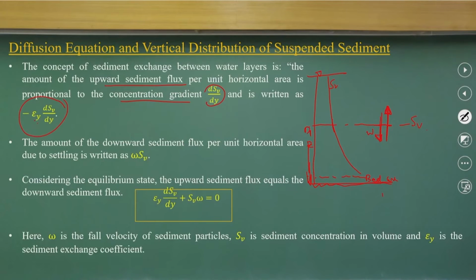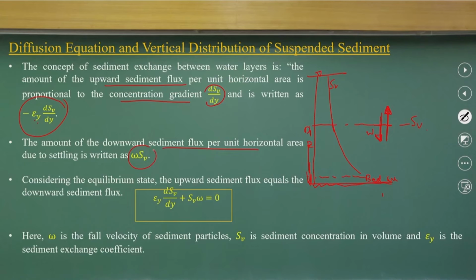This is a very basic concept of any diffusion equation: the flux is always proportional to the concentration gradient. That is the same concept. The amount of downward sediment flux per horizontal area we can define like this.